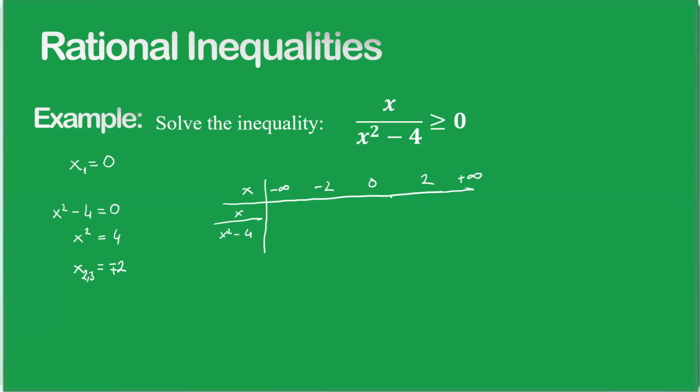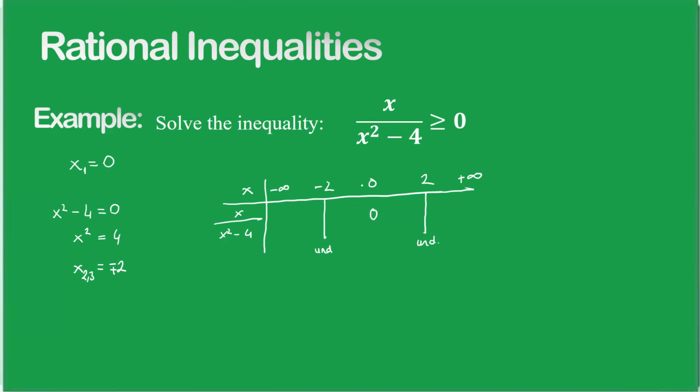Now which numbers make the expression undefined? Exactly minus 2 and 2, as you see, because x squared minus 4 is the denominator of the expression. So we are drawing line segments here, or you may write undefined, just u and d, to understand. And here 0 makes the expression 0.